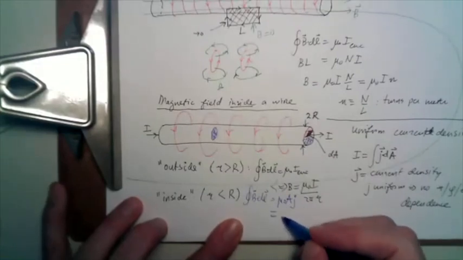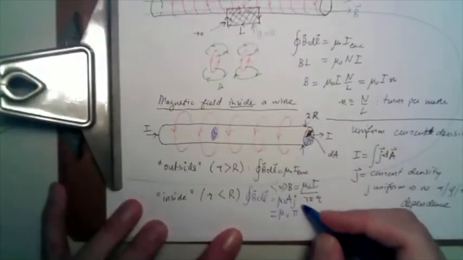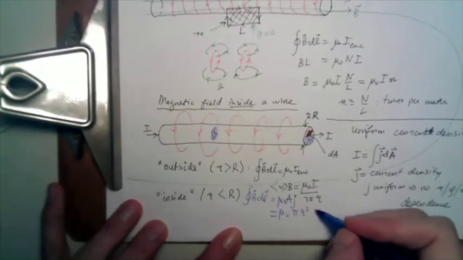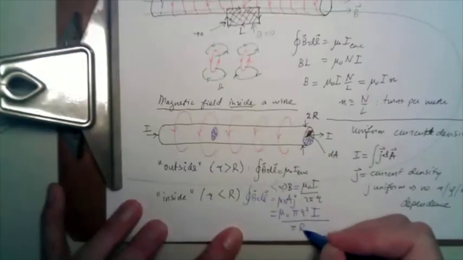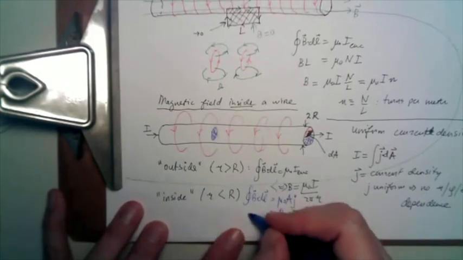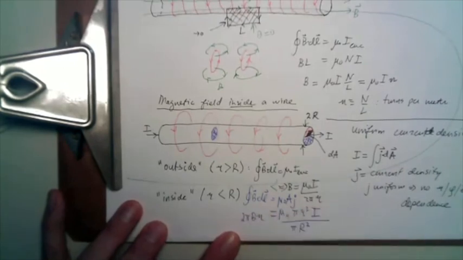So in this case, this would be mu naught I times pi r squared. And J is the current density, so that's actually the current divided by pi big R squared. So there we go, the enclosed current. And the left-hand side will still give you 2 pi B r.